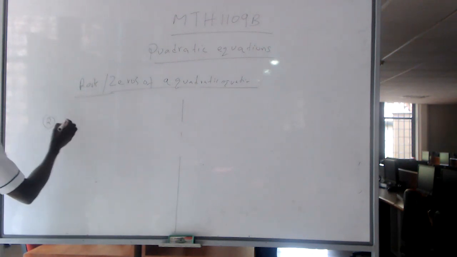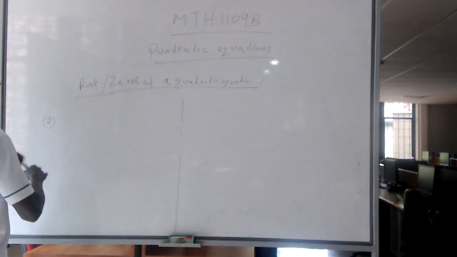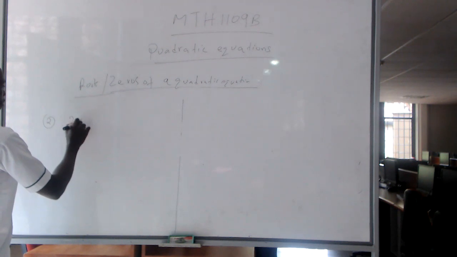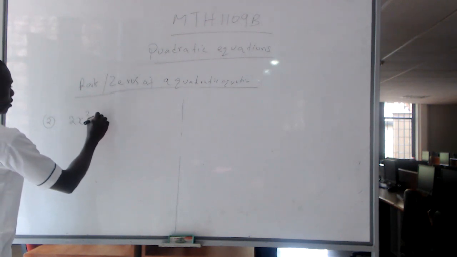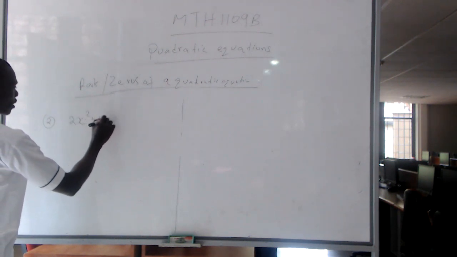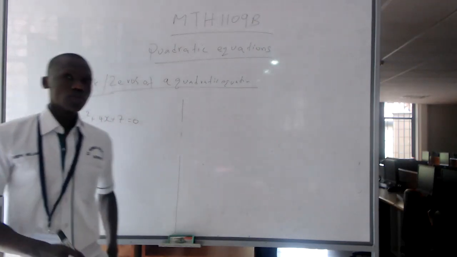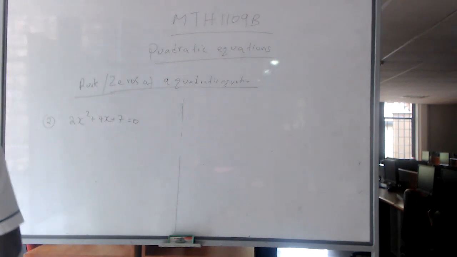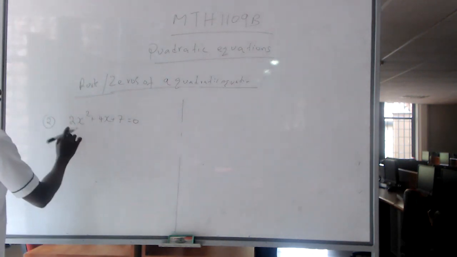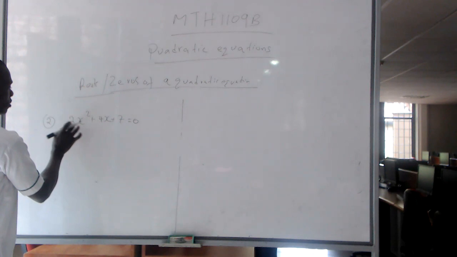So example 2, you want to solve now, let's say 2x squared plus 4x plus 7 is equal to 0. Solve by completing the square. First of all, you can divide both sides by 2 so that you have coefficient of x squared as 1.